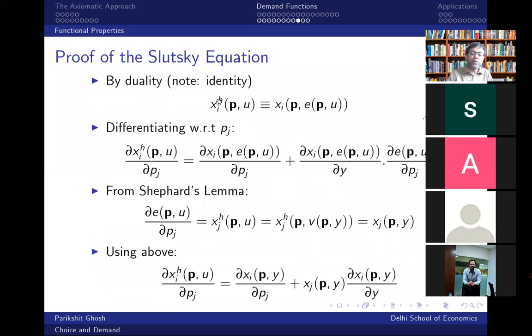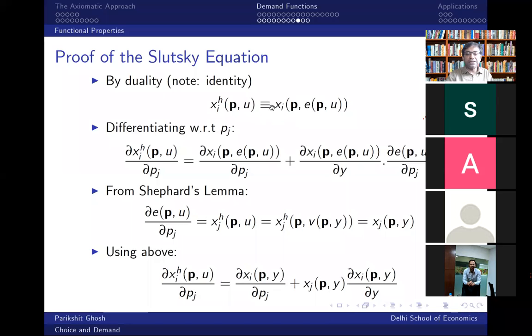How do we prove the Slutsky equation? We can have a very short proof using duality. As I said earlier, this is a relationship between Hicksian and Marshallian demand functions. If I start with some fixed utility level U, evaluate the least costly way of reaching that utility U, give the consumer that amount of money, and let the consumer do utility maximization, I will get back the same utility level U. Marshallian and Hicksian demand functions will coincide because we are looking at the same point of tangency for the two problems.